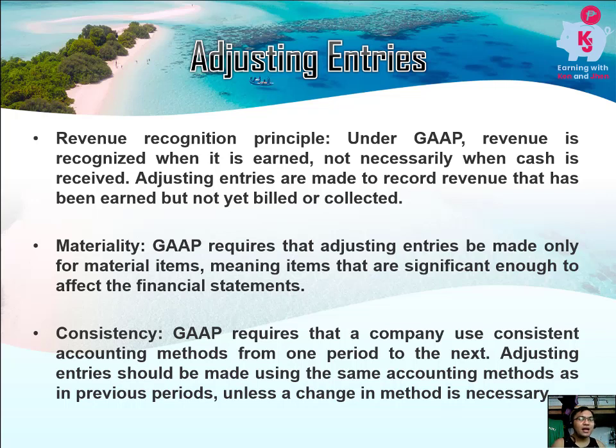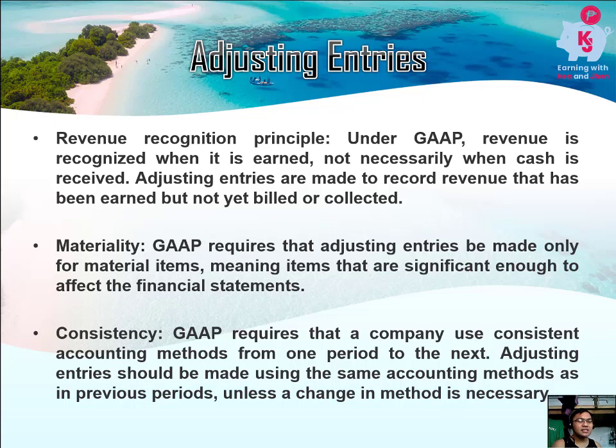Pero kung may nagnakaw po, kahit na 1,000 pa yan or kung anong value pa man yun, it is material kasi dahil sa nature nito na crime po, hindi naman nawala lang or dahil may nagnakaw nga po.